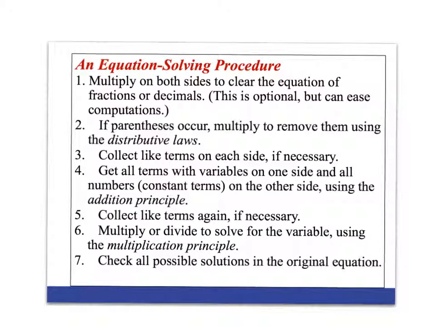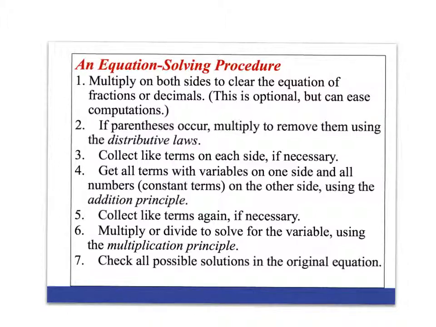General rules for solving an equation. Here's the procedure. Multiply on both sides to clear the equation of fractions and decimals. This is optional, but it can ease your calculations. And if parentheses occur, remove them using distributive laws. Collect like terms if necessary.